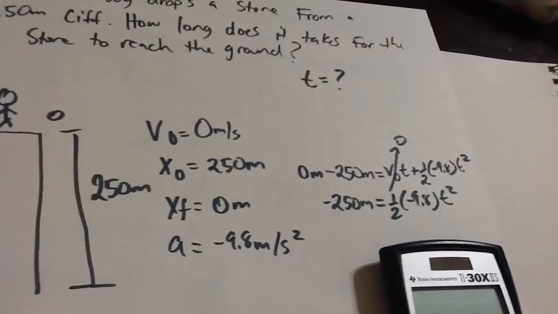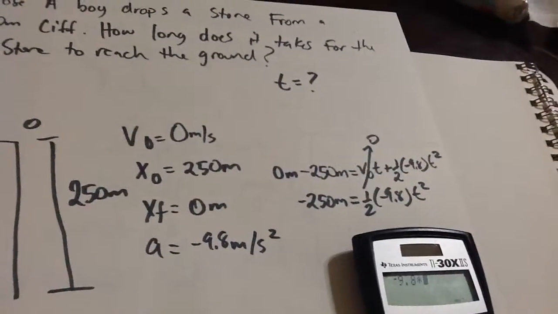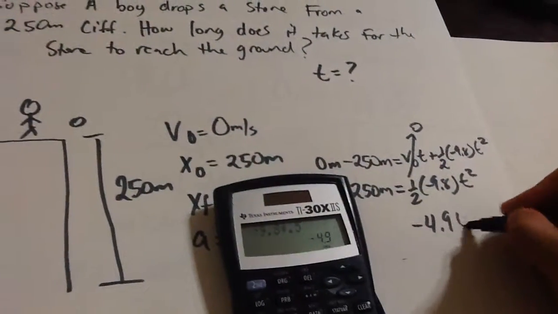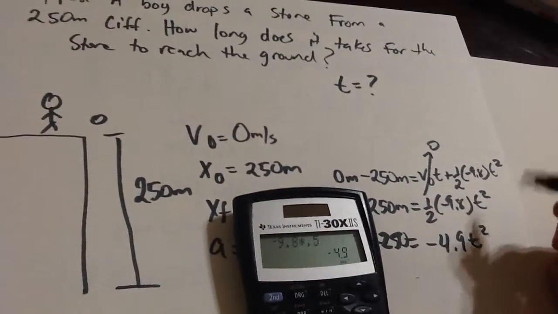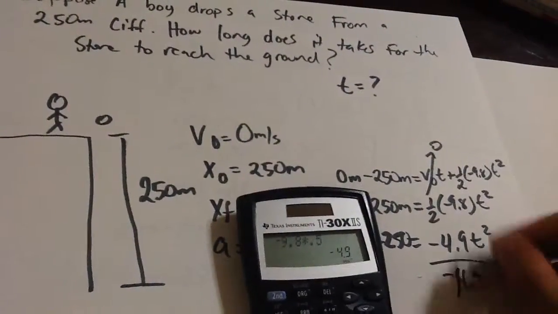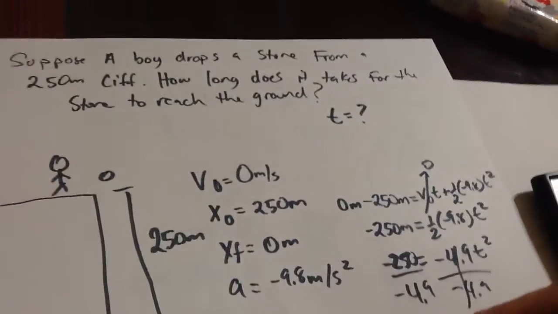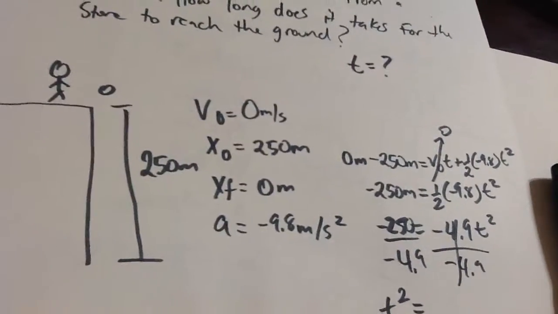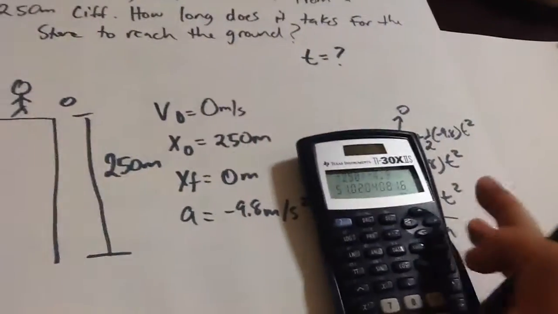Plug in the calculator. Negative 9.8 times 0.5, which is negative 4.9. Divide both sides. t squared is equal to negative 250 divided by negative 4.9, which is equal to 51.